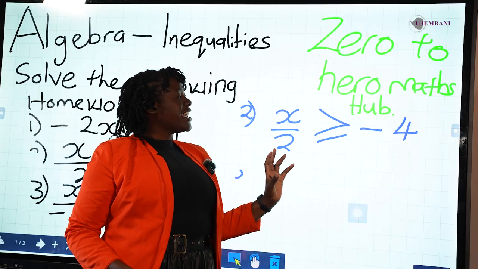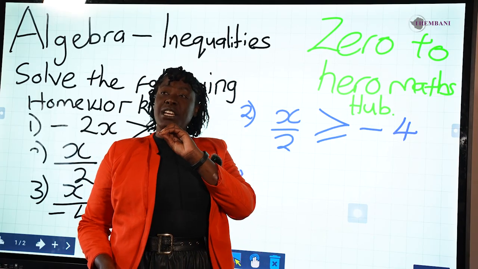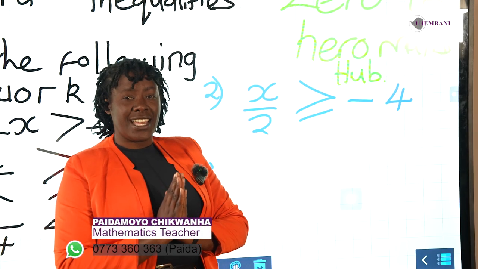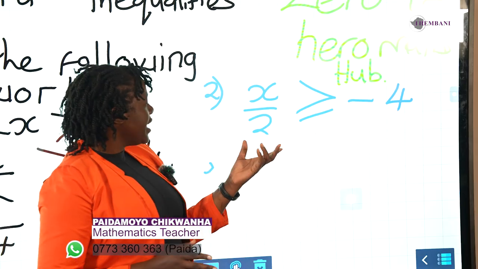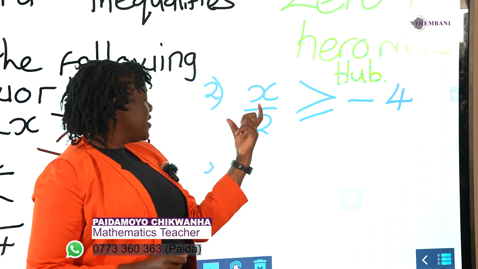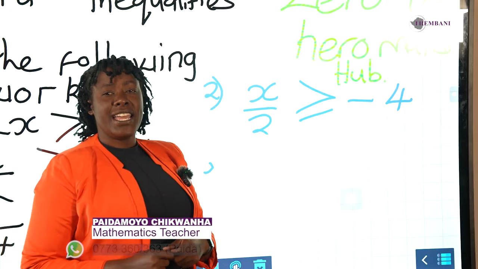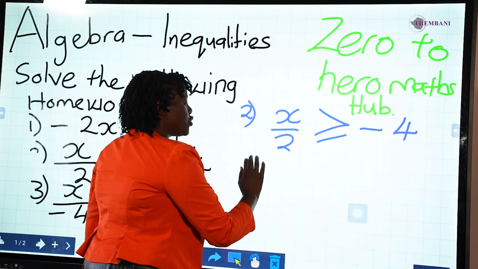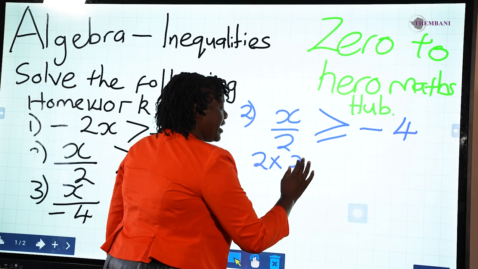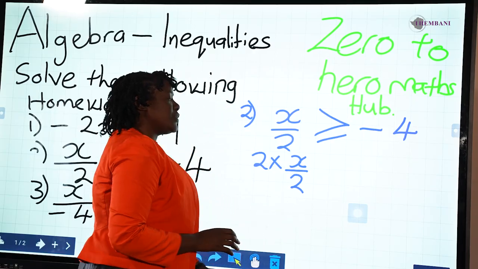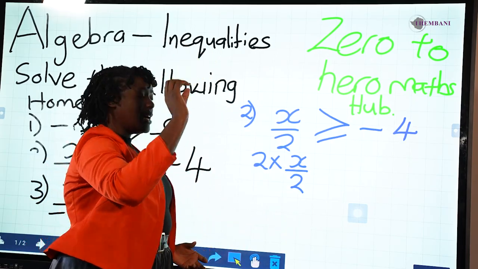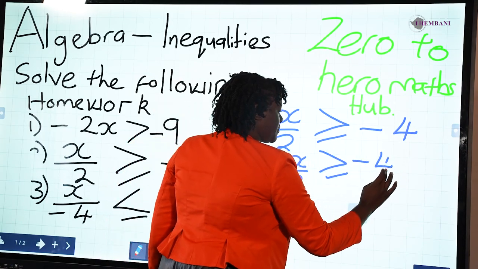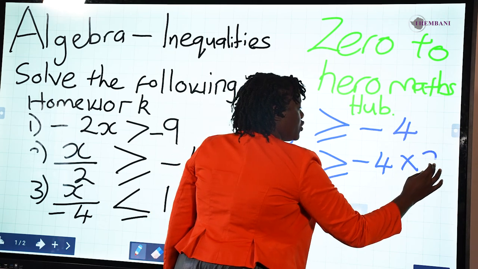Whenever you see an equation or an inequality where there is a fraction, remove the fractional component first before doing anything else. How do we remove the fractional component? In this case, we multiply the left side and the right side by 2. So we say 2 multiplied by x over 2, and what we do to the left side is the same thing that we do to the right side, is greater than or equal to negative 4 multiplied by 2.